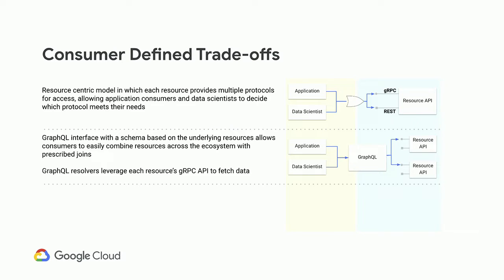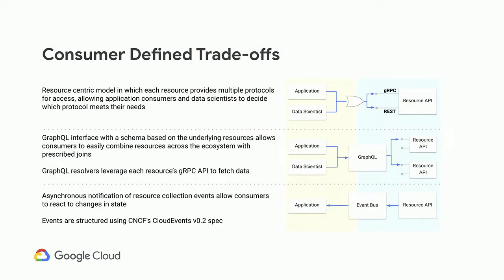This gives, again, the consumer the ability to trade off who's doing the join, right? If they have more knowledge potentially about a better way to pre-filter data and join that with another data set, they can do that. They can do that by way of gRPC or REST. They have that ability. If they don't want to join that data together manually, they don't have to. They can call GraphQL, our GraphQL API, and we'll do that join for them.